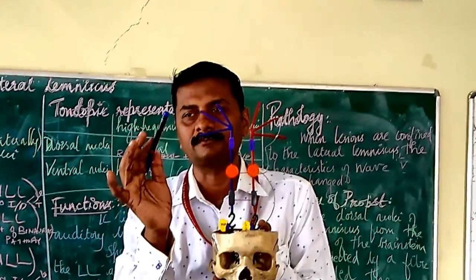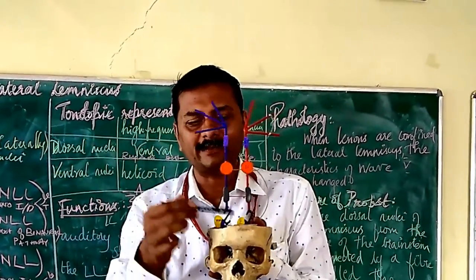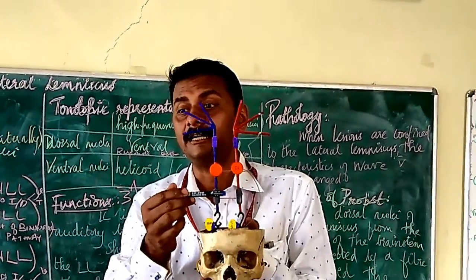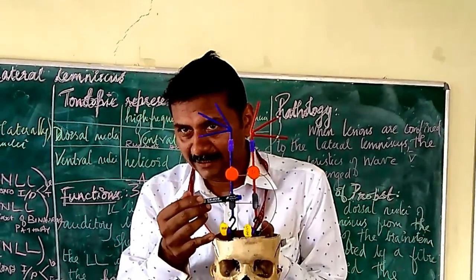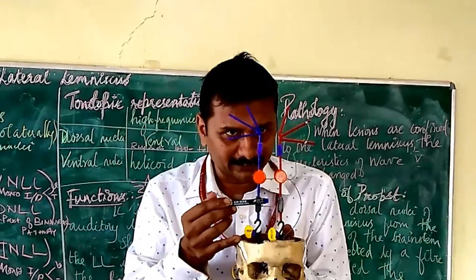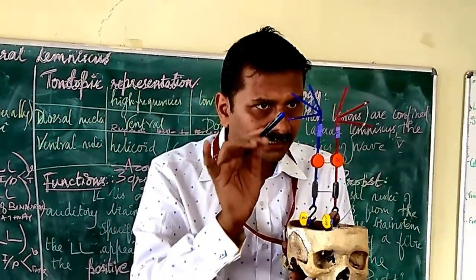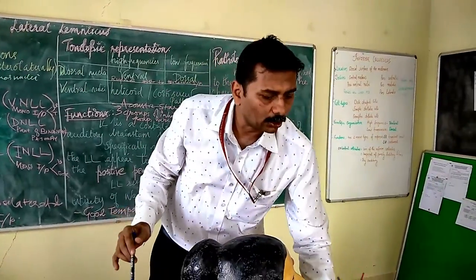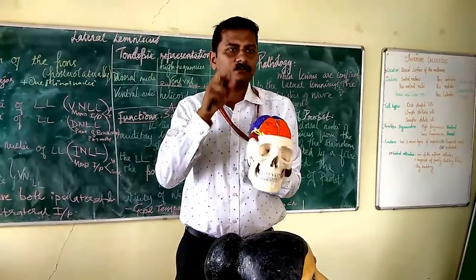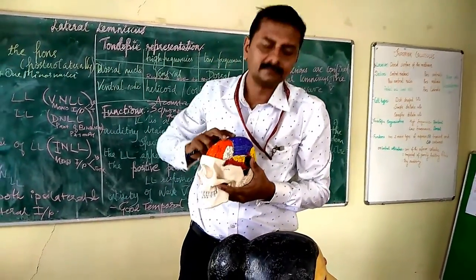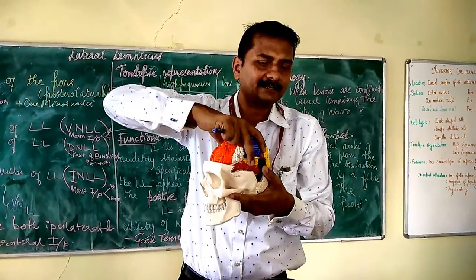Okay. So today we are going to study the third nuclei in the central auditory pathway, known as the lateral lemniscus. The lateral lemniscus is located where? Brain in the skull. Broca's area, Wernicke's area have been coded out.